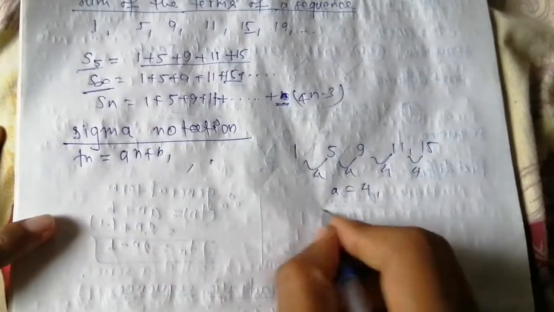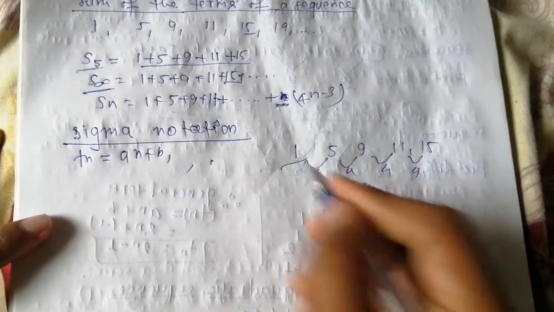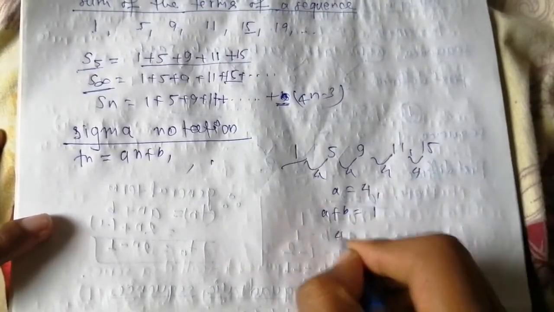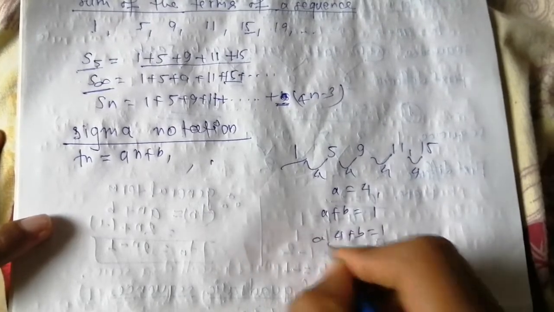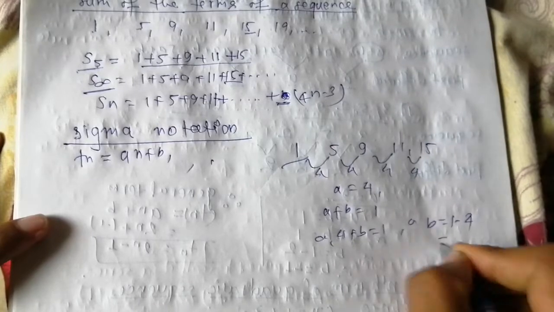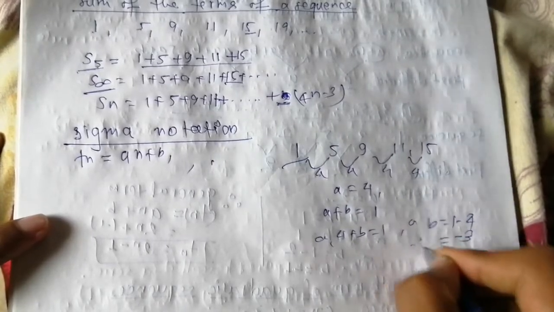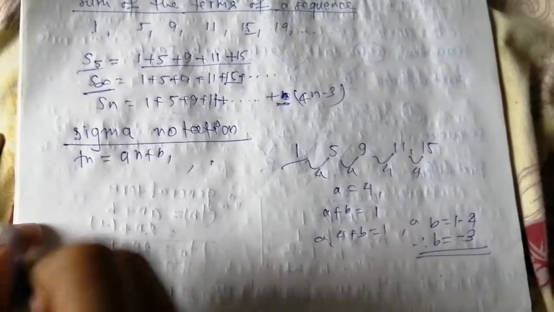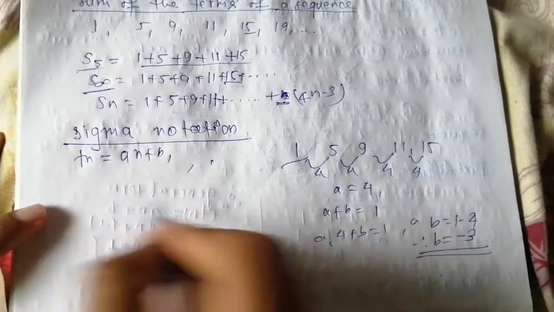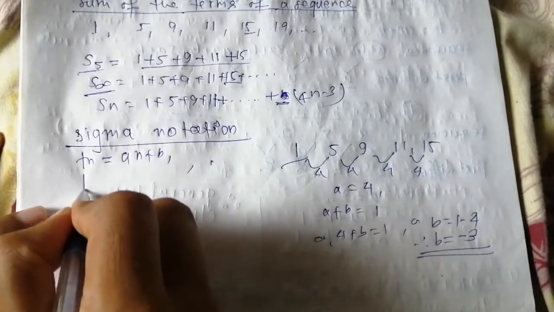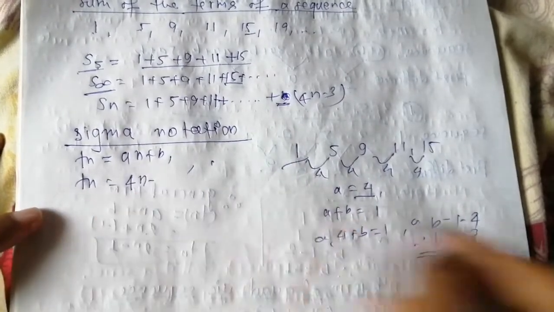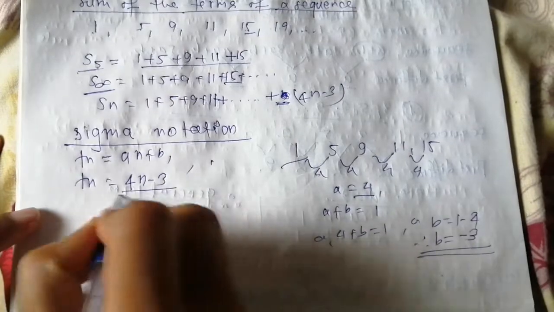And again a plus b should be equal to 1, that is 4 plus b is equal to 1, or b is equal to 1 minus 4 is equal to minus 3, therefore b is equal to minus 3. So the general term is given by a equal to 4, that is 4n, and b equal to minus 3.